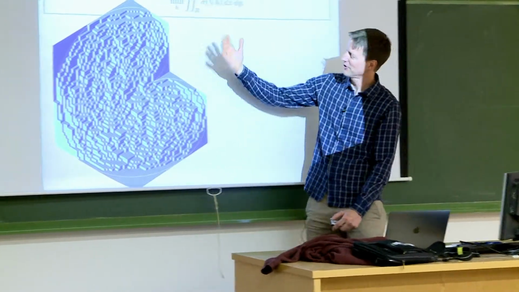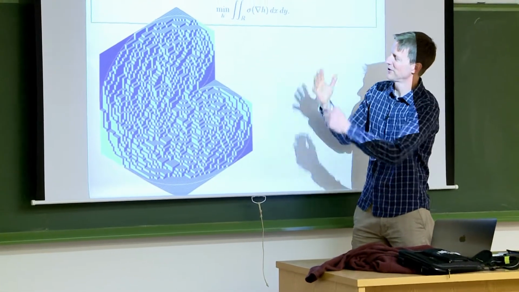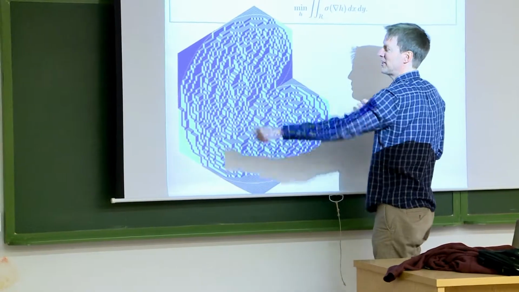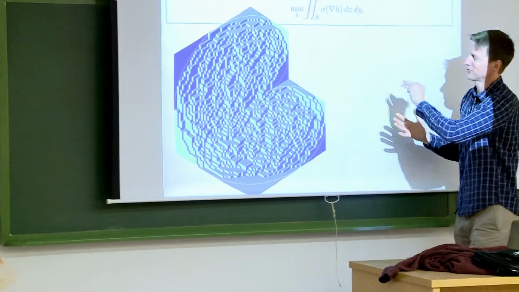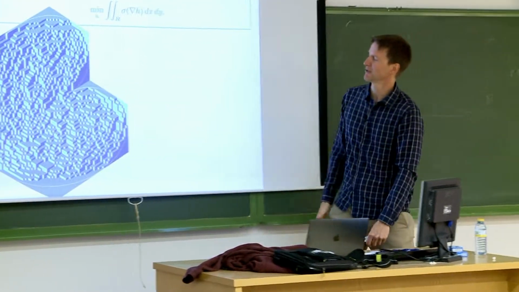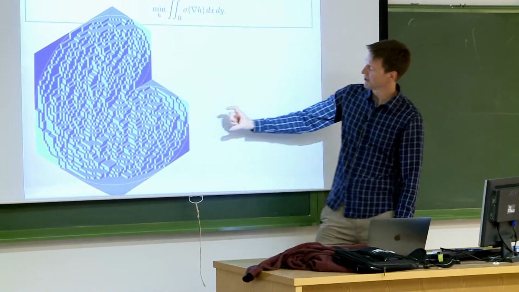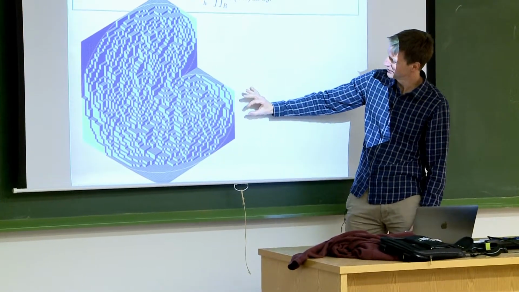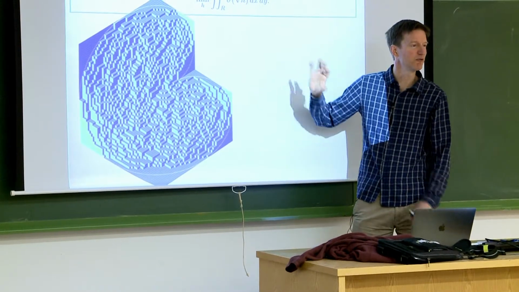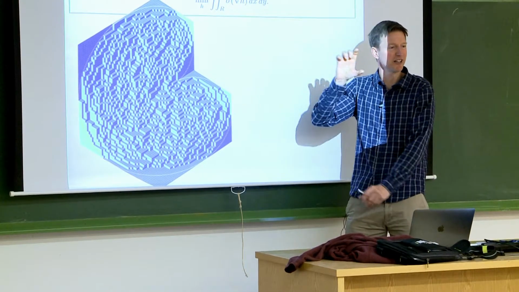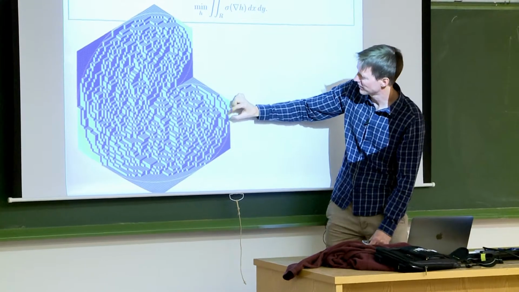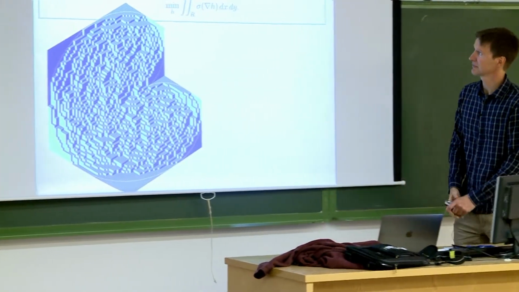So here's the setup. We have the same setup. We have some wireframe in R3, and we look at this piecewise linear minimal surface which spans that frame. And now we're going to let the lattice spacing tend to 0. So we fix the wireframe, but we let the lattice spacing tend to 0 so that the little squares get smaller and smaller.